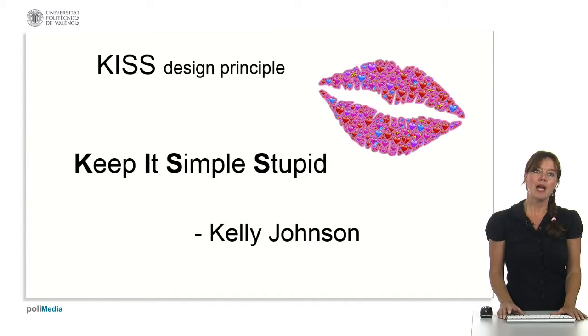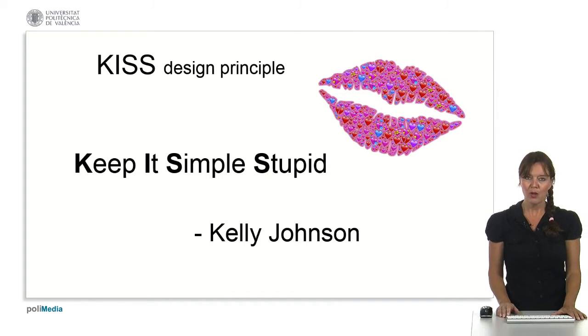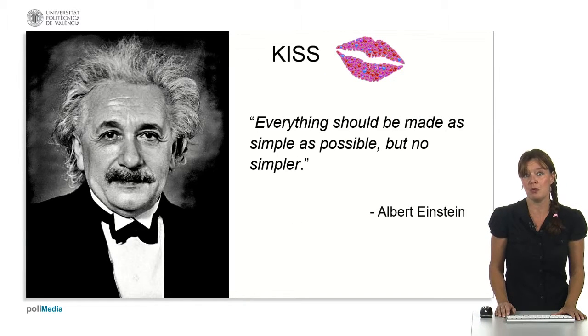So let's look at the most simple design principle, which is called KISS. It was phrased by Kelly Johnson, and she said, keep it simple, stupid. This is not the first time that somebody opts that being simple is the best thing to do. Very important people in history have already said similar things, like for example Albert Einstein, who said that everything should be made as simple as possible, but not simpler.